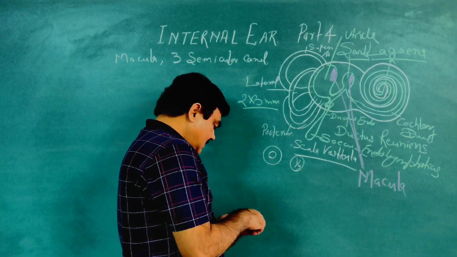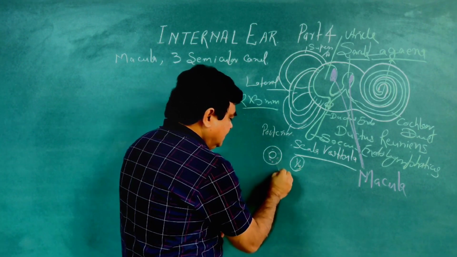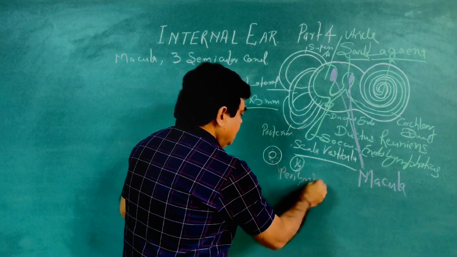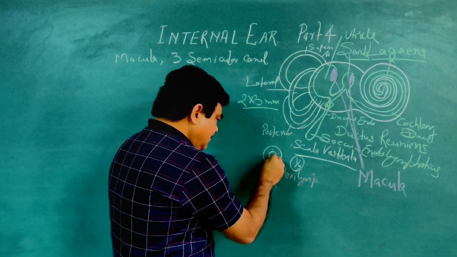And here perilymph is present. This is perilymph, and here endolymph is present.